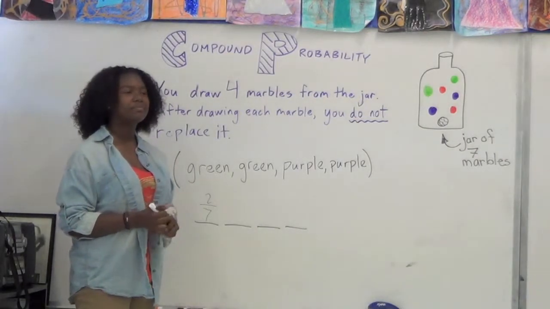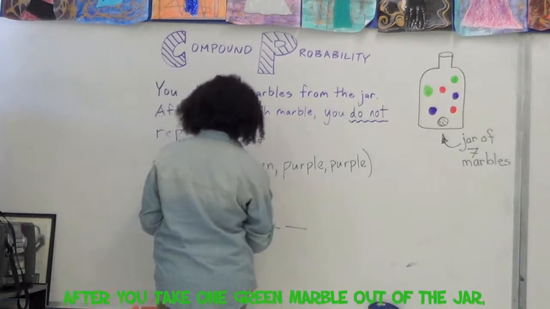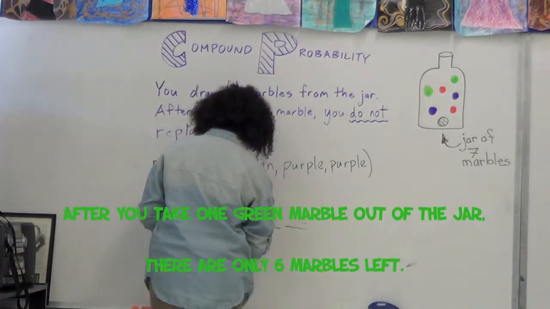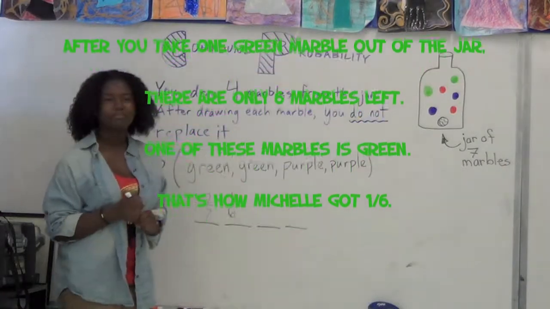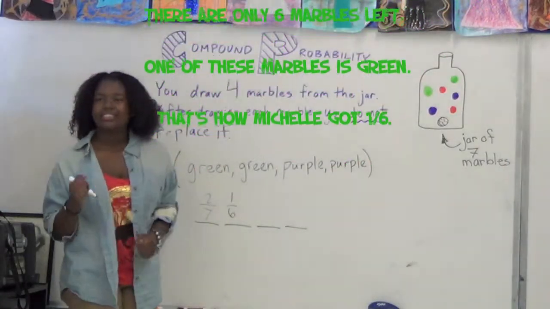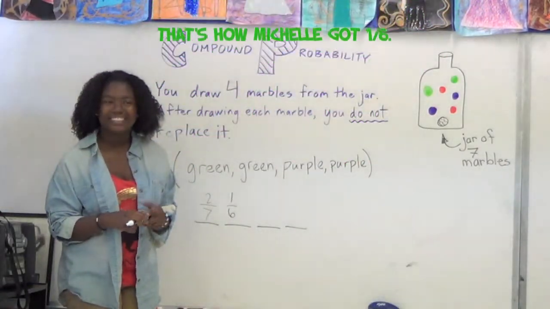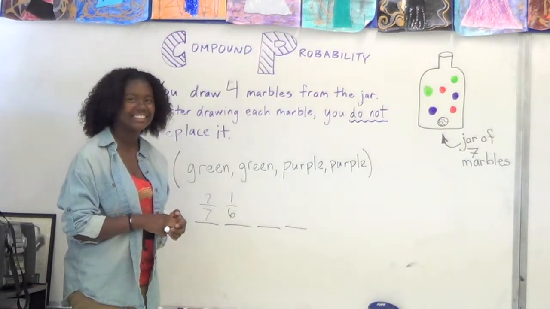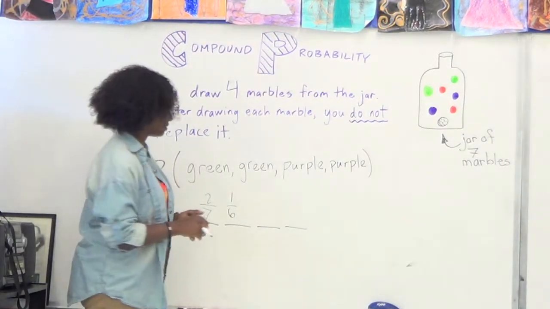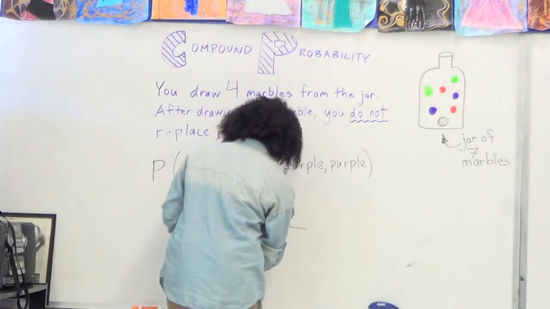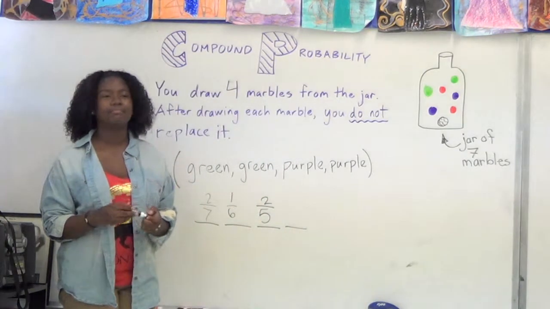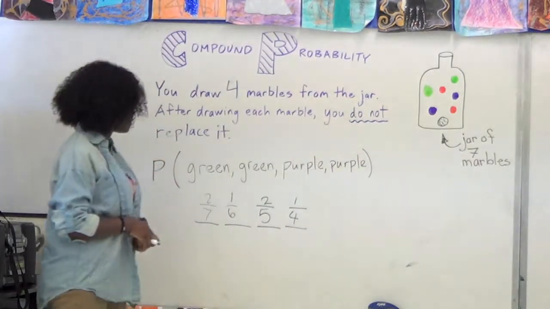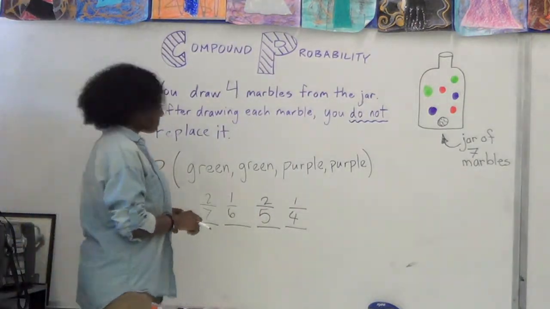Michelle. 1 out of 6. And then a purple marble. Alyssa. 2 out of 7. I mean, 2 out of 5. And then the last purple marble. So now I'm going to use cross simplification.